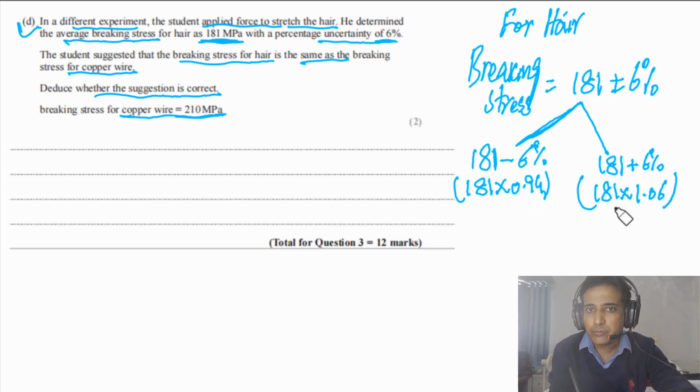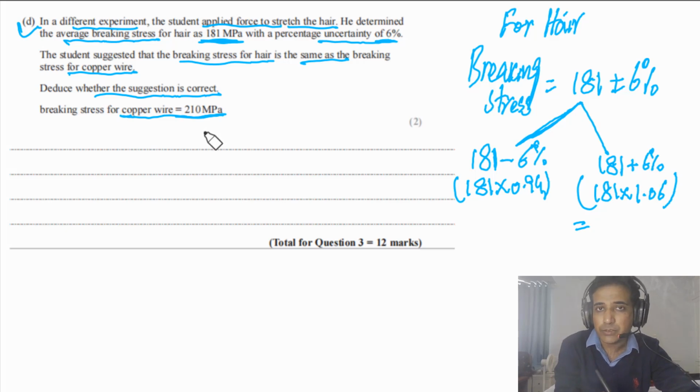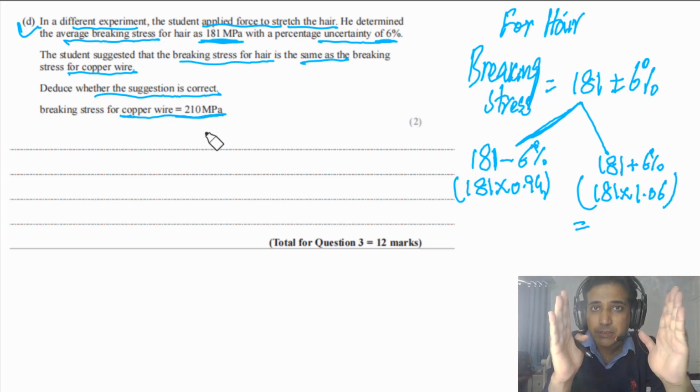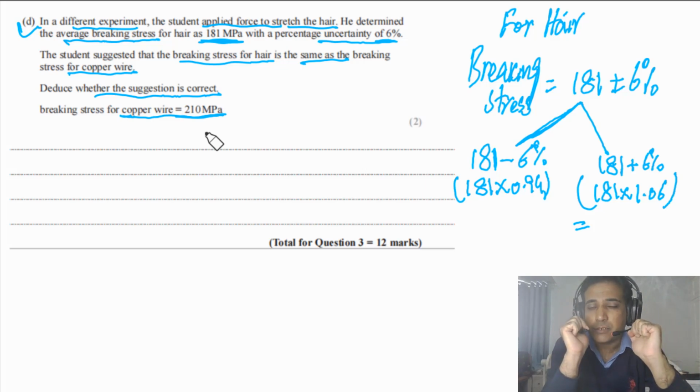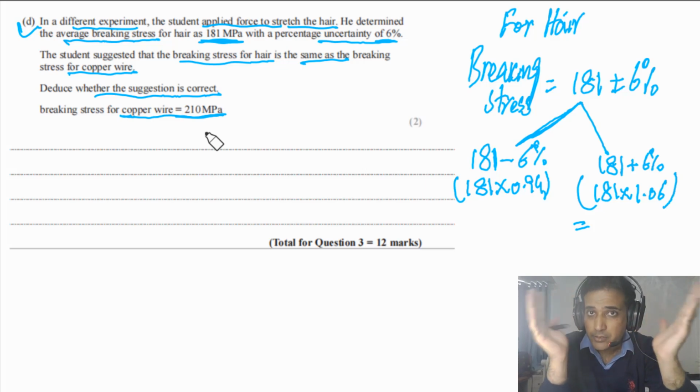So this is the lower limit and this one is the upper limit. We can calculate this upper limit. If this limit is higher than 210, it means the suggestion can be correct. If the upper limit is lower than 210, it means the suggestion is not correct.